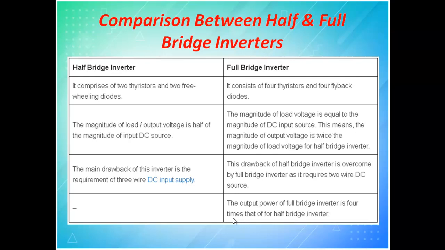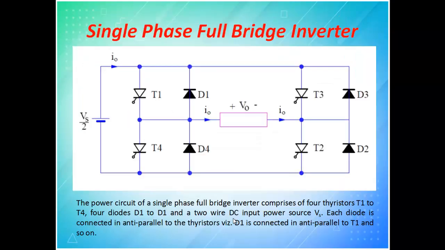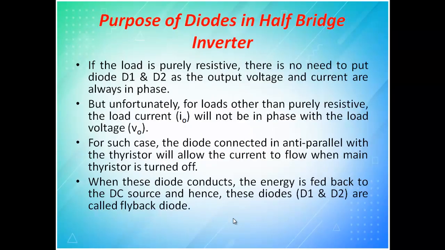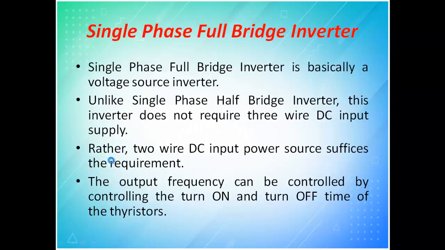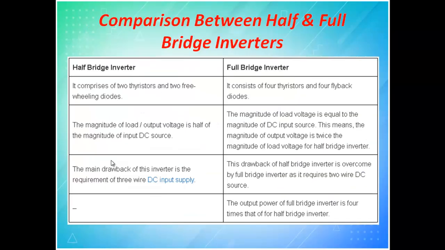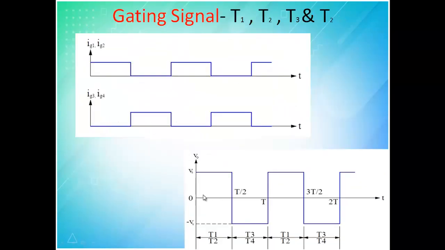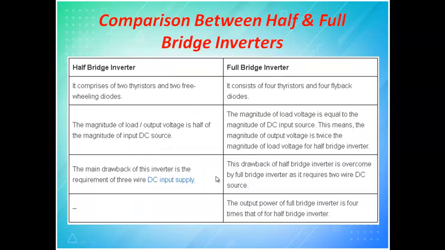You can see here very clearly, I have written the waveform as Vs by 2, not Vs. So output voltage will be only half here, whereas in full bridge, output voltage is still Vs, so twice the value.